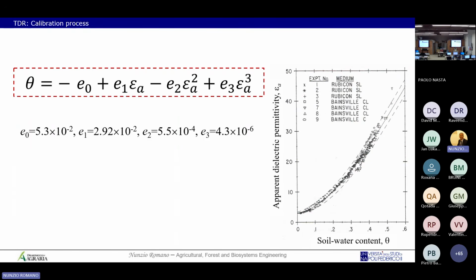You have an average value, the mean value, and you can quantify the confidence interval. So what does it mean? You have many data, 100, 1,000, you have the probability distribution of this data, usually a normal distribution, the statistical normal distribution, and you can compute the mean value and the confidence interval.